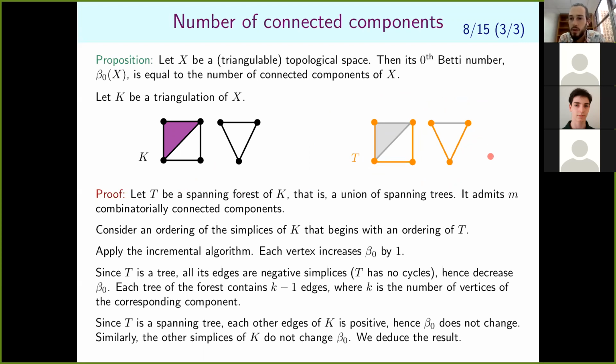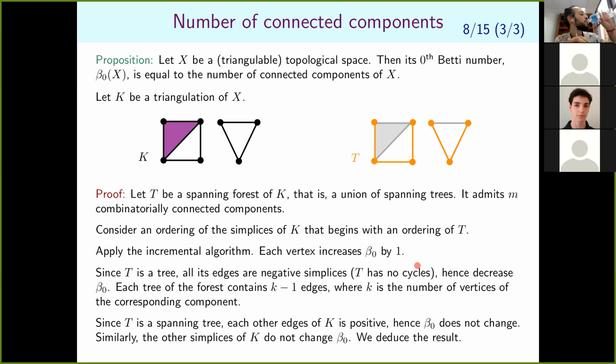Okay. Now I will apply the incremental algorithm. I choose any order on the vertices. I will add first the edges of the spanning trees, and then I will add the other simplices. So first, we add to the simplicial complex all the vertices. And as we have seen, all the vertices increase beta 0, the first Betti number, by 1.